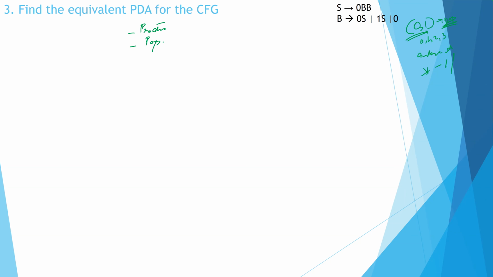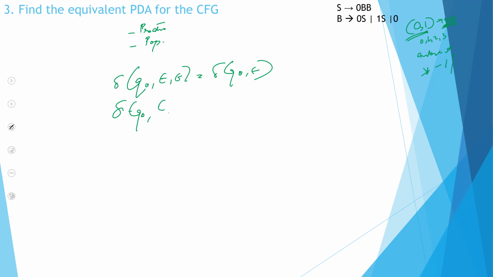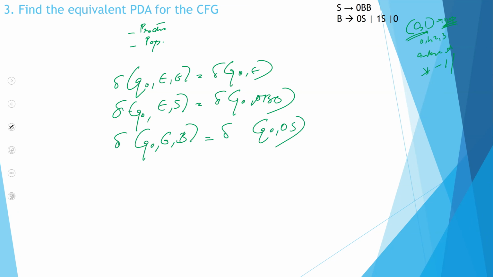Okay, so let's do one by one. So delta Q0 epsilon epsilon is equal to Q0 epsilon. Q0 epsilon S is equal to Q0 0BB. My second production rule, Q0 epsilon B is equal to, it can either be 0S or it can be 1S or it can be 0.